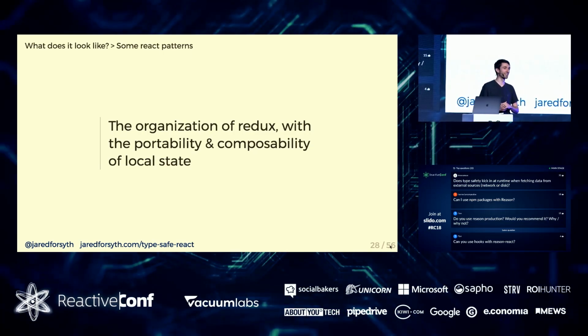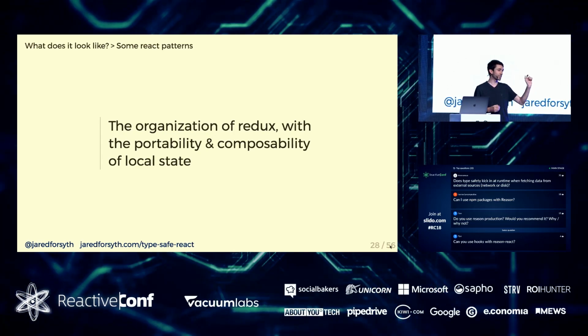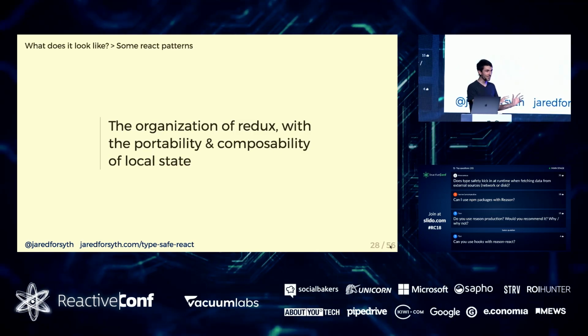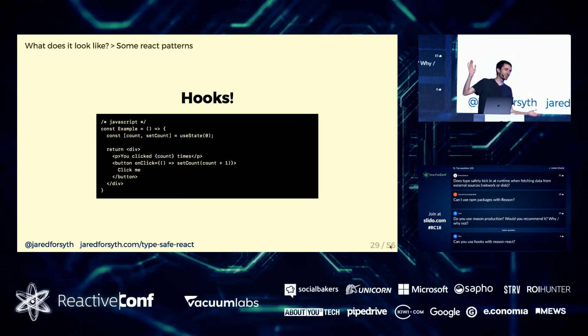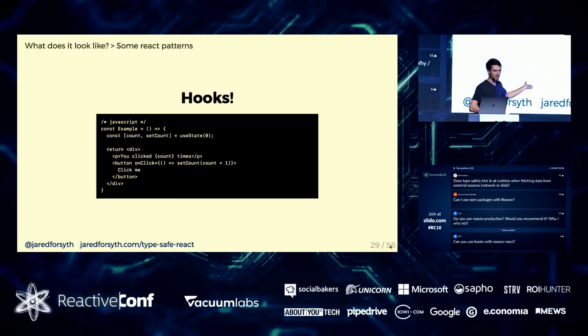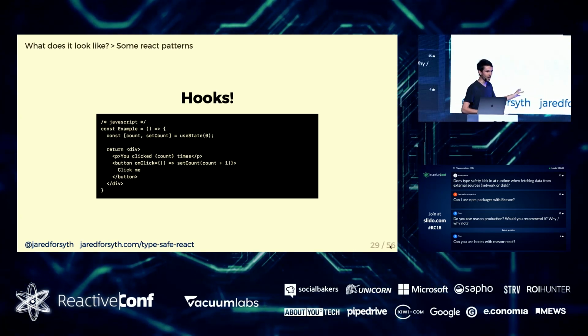And, of course, the hooks announcement last weekend has a useReducer that is inspired by Reason React. So they're getting jealous and bringing some of that in. So, of course, I had to do a hooks demo, right? This is from the announcement blog post that is using the useState hook.